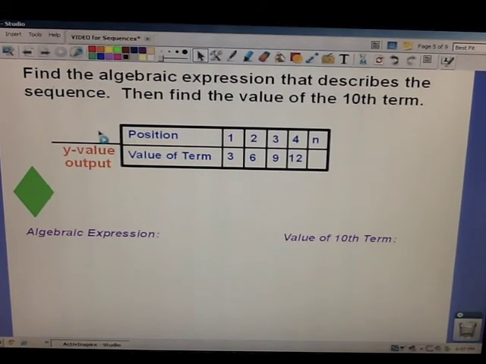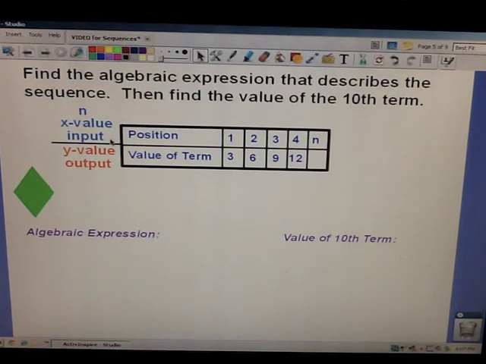Other terms used for position: in algebra we use variables or letters to represent different, unknown amounts. It can vary. So you might hear it called the x value. On the coordinate graph, the position is what's graphed on the x-axis, so that's why you might hear x or x value.